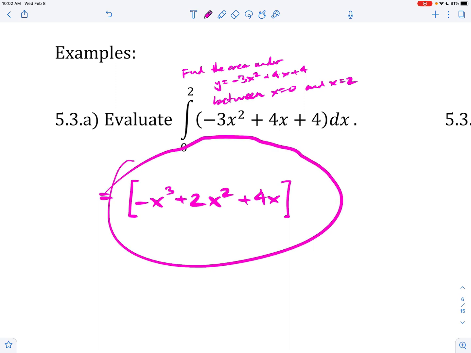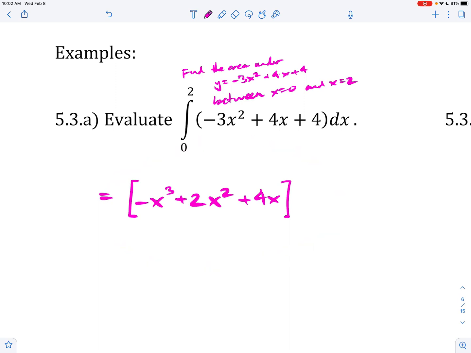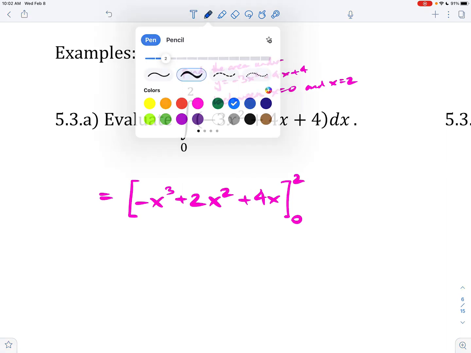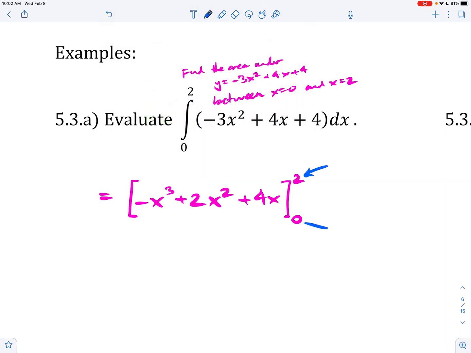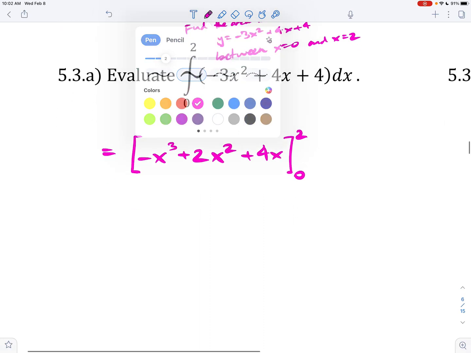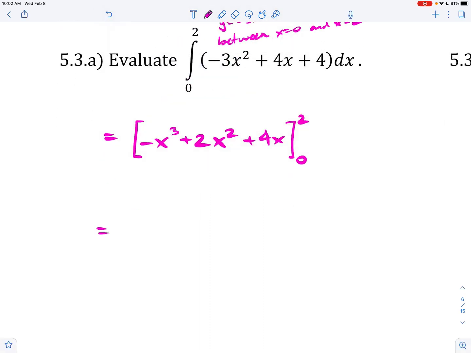We're going to evaluate this particular thing from 0 to 2. So this gets thrown in. That's why those square braces are there. Just so we can say we're taking that whole entire expression from x is 0 till x is 2. At this point, it's just a little bit of plugging in.